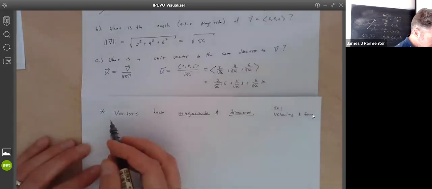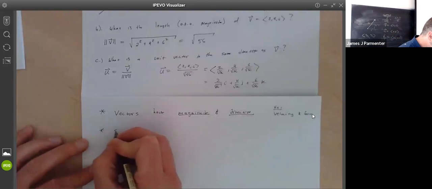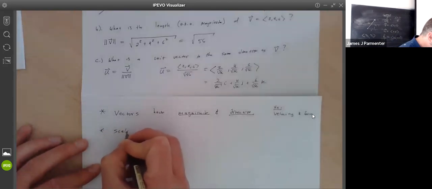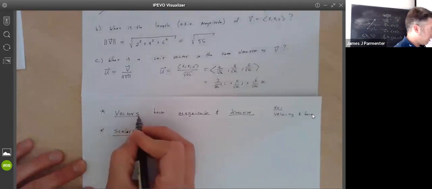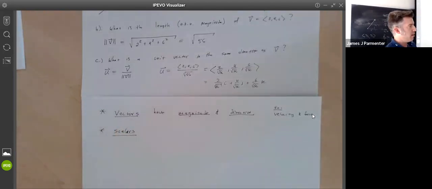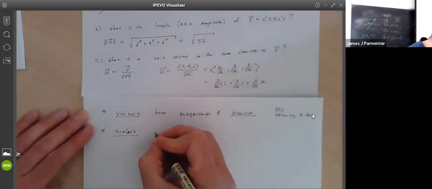So just to continue, vectors have magnitude and direction, whereas scalars, when you hear the word scalars, you should just think real numbers, right? 5, -2, pi, etc. Scalars are just magnitude.